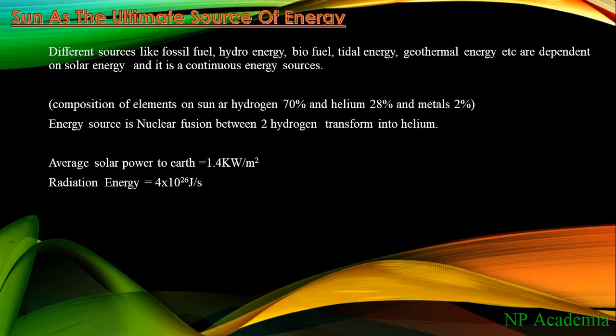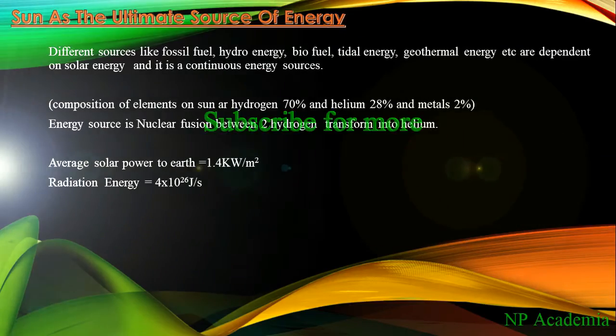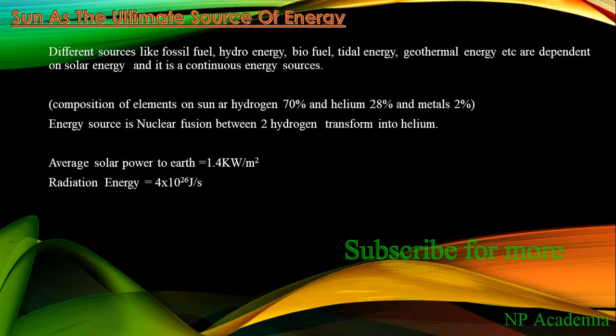On the sun, the main source of energy is the nuclear reaction, that is nuclear fission and fusion. Nuclear fission means the decomposition of helium into different hydrogen, and fusion means the fusion of hydrogen to produce helium. That is the main source of energy on the sun.